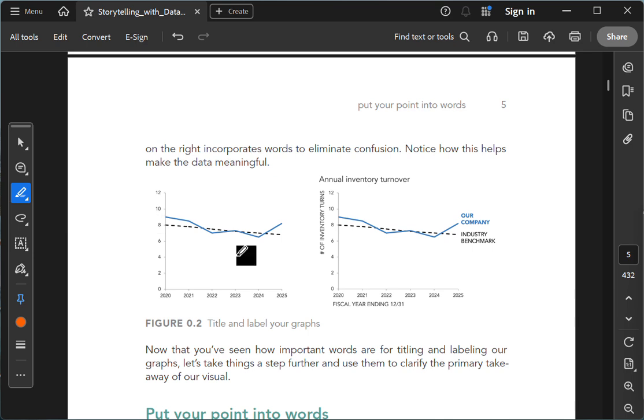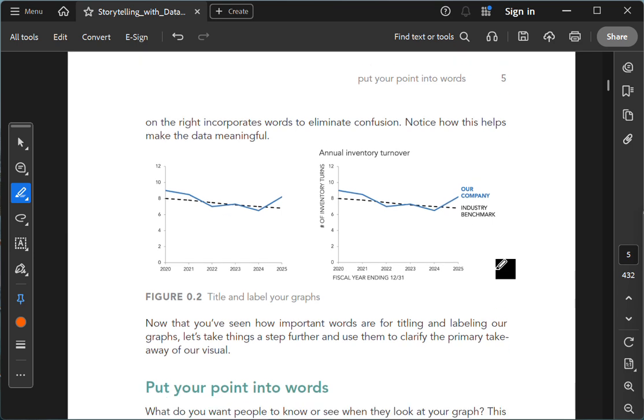We have to guess what this information is. However, on the right, just by adding a descriptive title and labeling the axis, we are able to, at one glance, understand what information we are dealing with. Of course, the data is also labeled, so this gives a sharper insight into what is being presented.